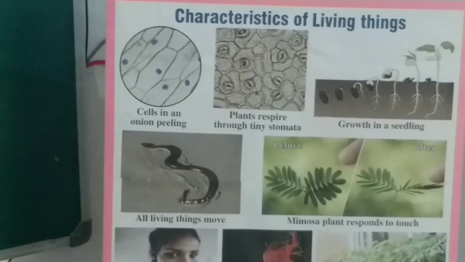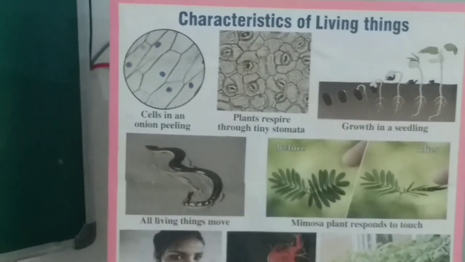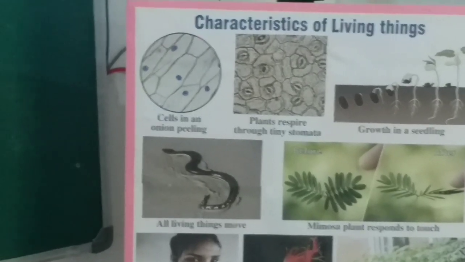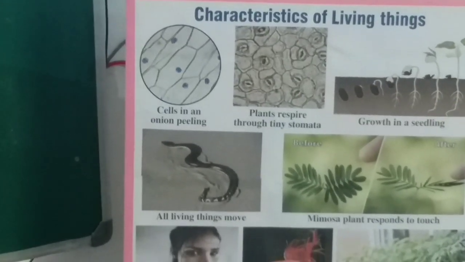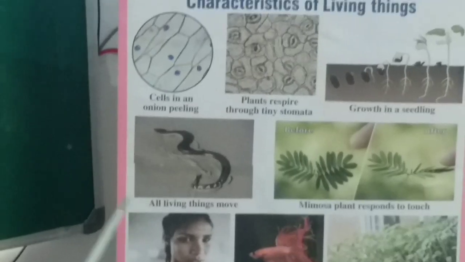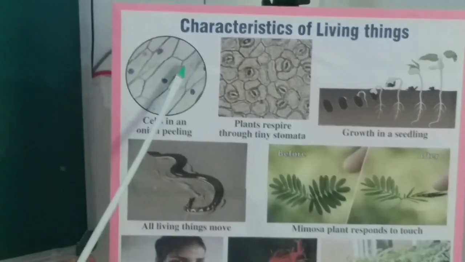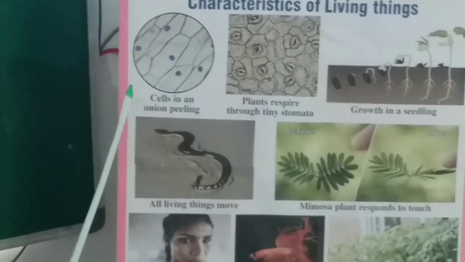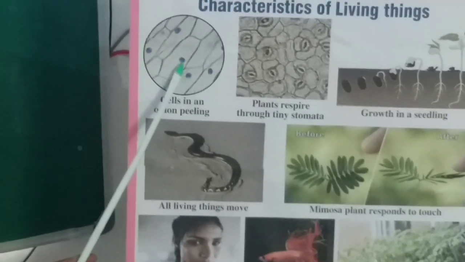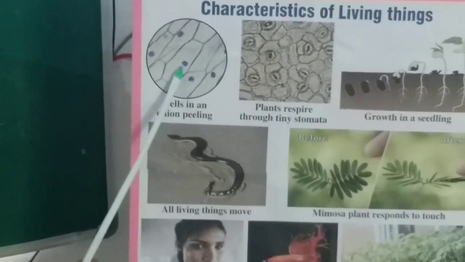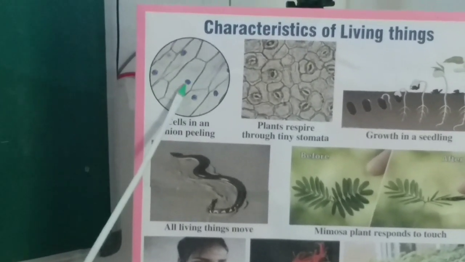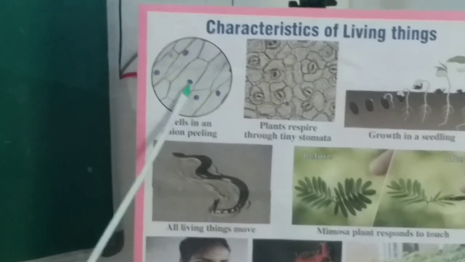In the onion that you eat, you have billions of cells in layers. They are well spread out in layers. And each cell is a structural component, a unit. It is managed by a nucleus. You see the dark nucleus at the center.